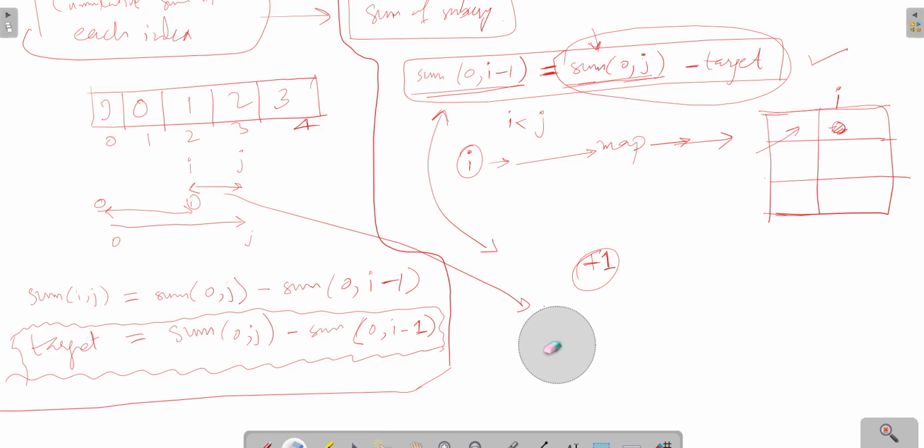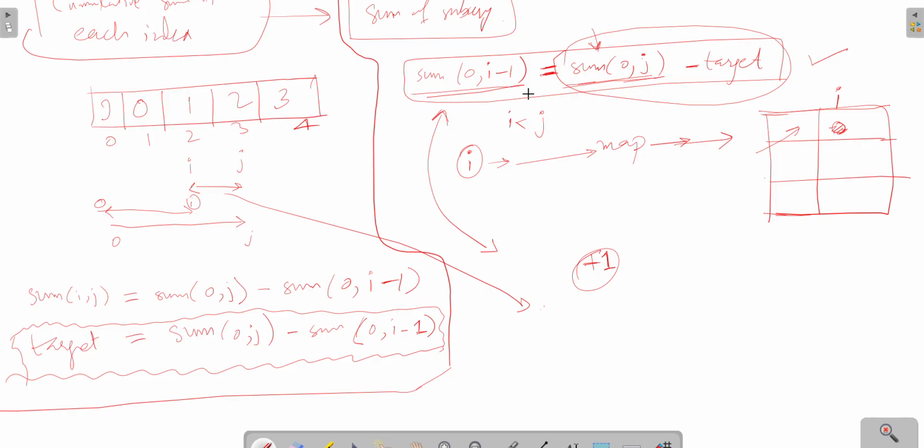So that is one solution I have. From the equation I tried to reason why we need a map: because we need to see this previous value and verify if it exists or not.